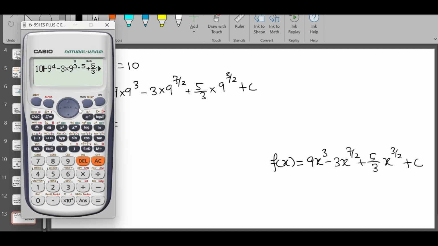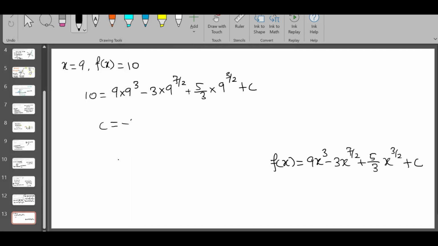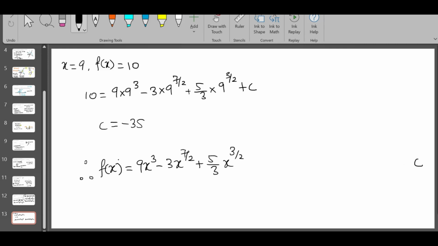First 10 minus, and second term comes to the left side, becomes plus, and then this term comes to the left side, becomes minus. You get minus 35. Now you write therefore f of x is equal to 9x cube minus 3x power 7 over 2 plus 5 over 3 x power 3 over 2 plus c. C is minus 35.